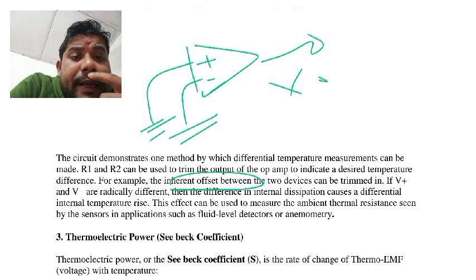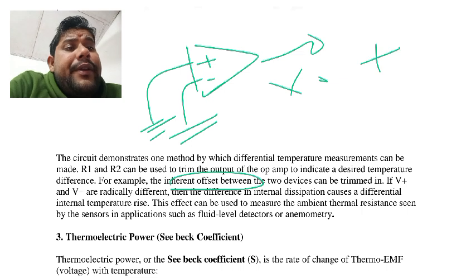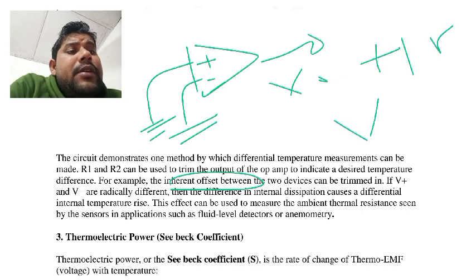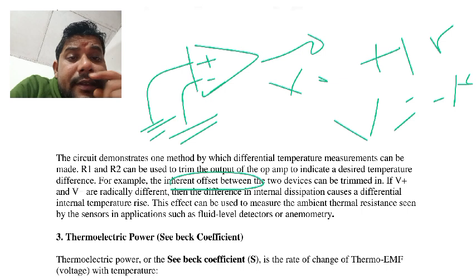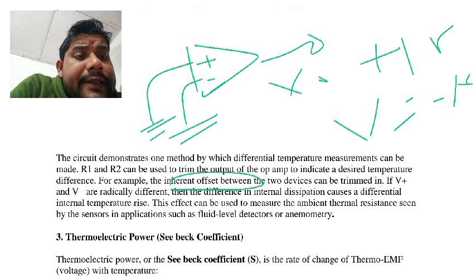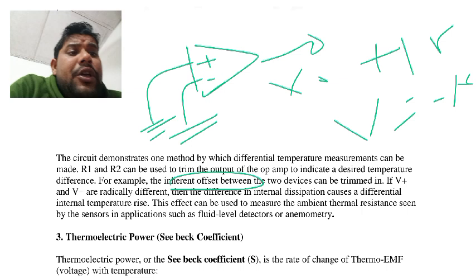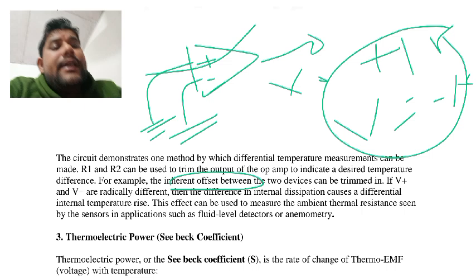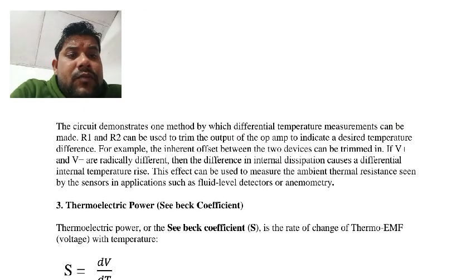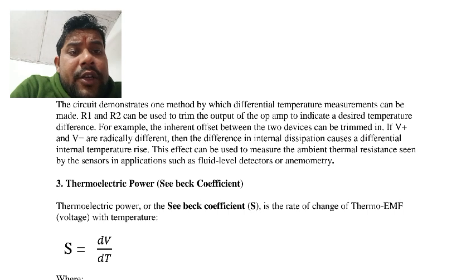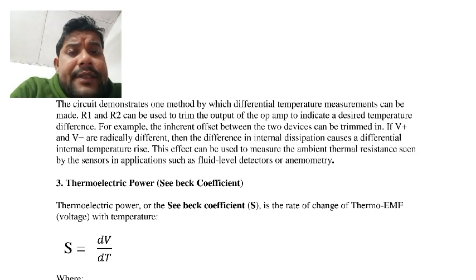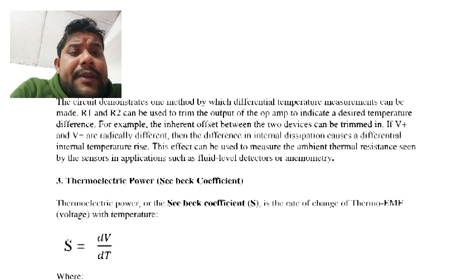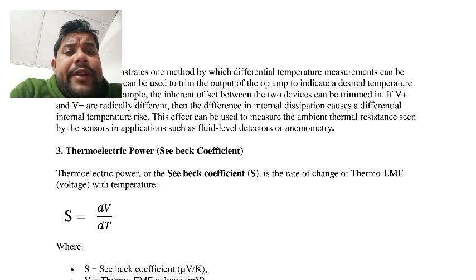If V positive and negative are radically different, suppose V positive is 15 and V negative is minus 10, then the difference in internal dissipation causes a differential temperature rise. Because of this, the internal temperature of this device can also be raised. So this effect can be used to measure the ambient thermal resistance seen by the sensor in dissipation applications such as fluid level detector or anemometry.